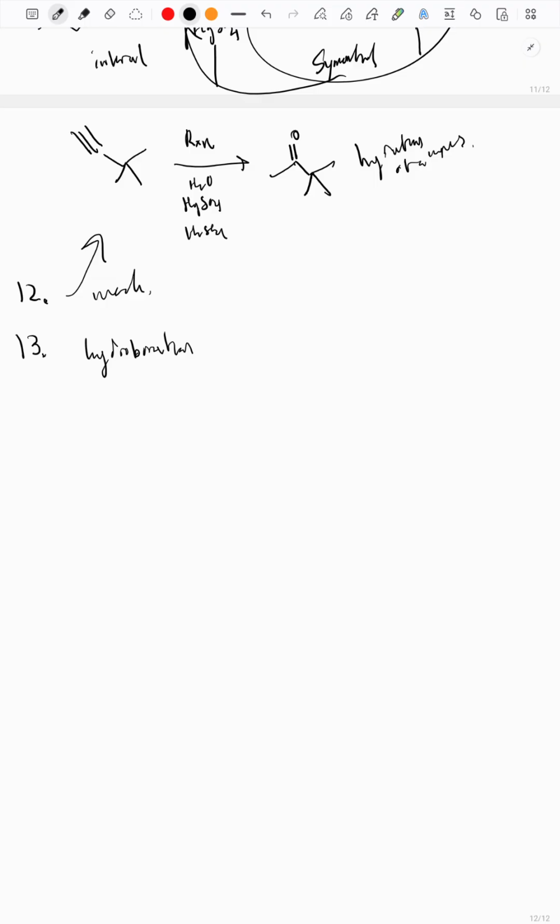In hydroboration, we will use base-catalyzed tautomerization, but its reagents are the following: BH3 THF, followed by peroxide and sodium hydroxide, and we will use anti-Markovnikov, and this is for alkynes as well.